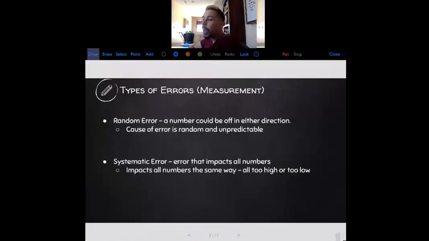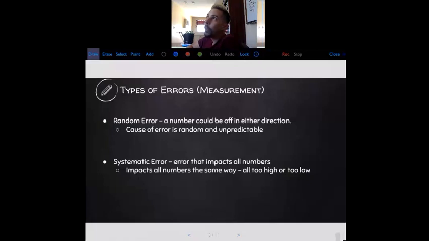That's different than a systematic error. A systematic error is an error that impacts all the numbers, and it impacts them all in the same way. Going back to that example, weighing cheese, maybe my scale's broken, and when I put a pound of cheese on the scale, it only reads 3/4 of a pound, right? What's happening there is systematic. It doesn't matter if I put more cheese on there; it's not going to read accurately.